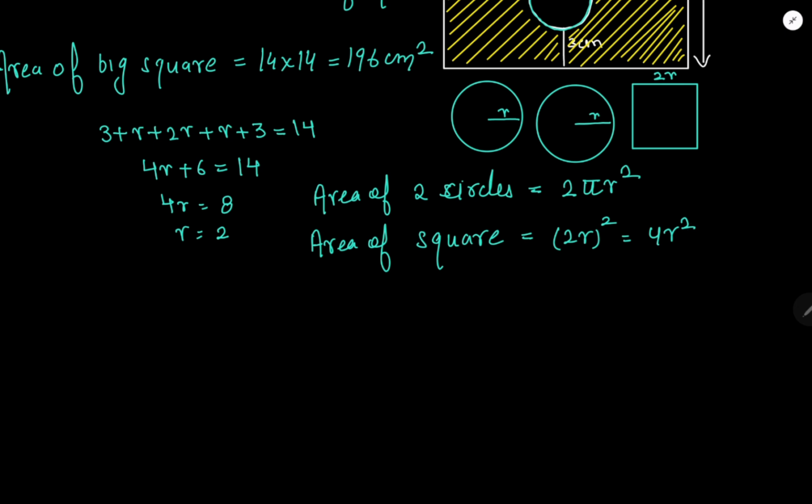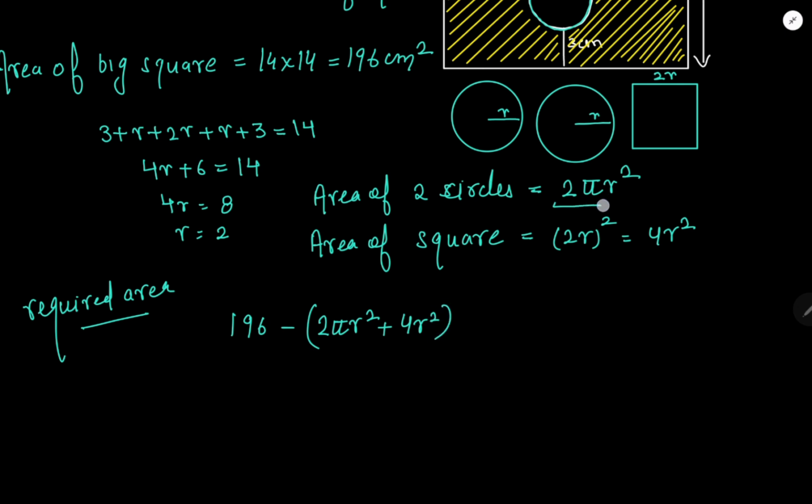So the required area is 196 minus 2 pi r square plus 4r square. You need to add these two and subtract from 196 to get the required area.